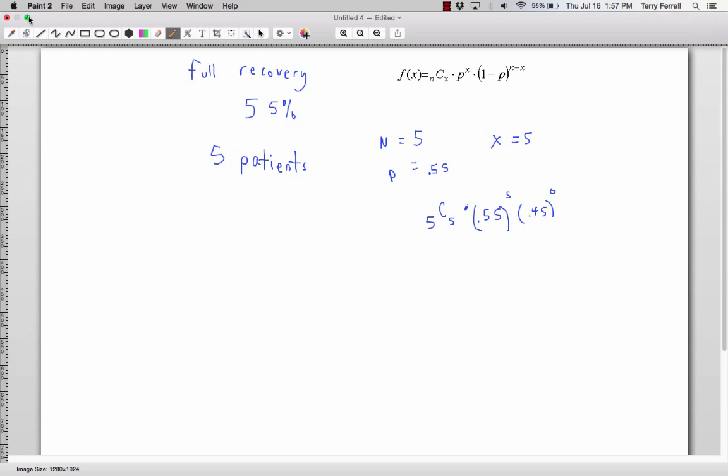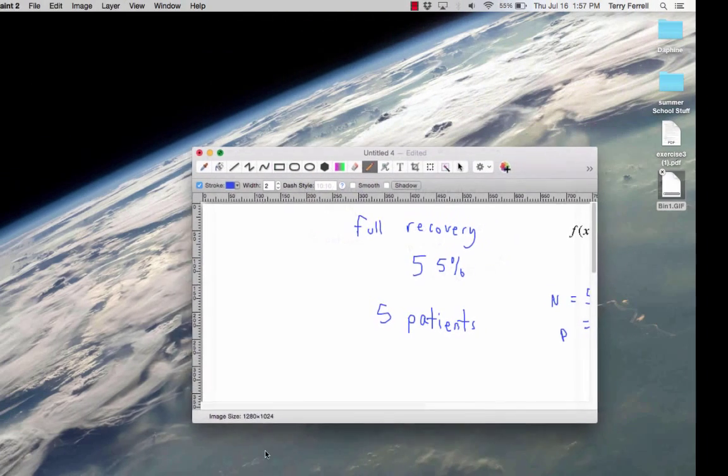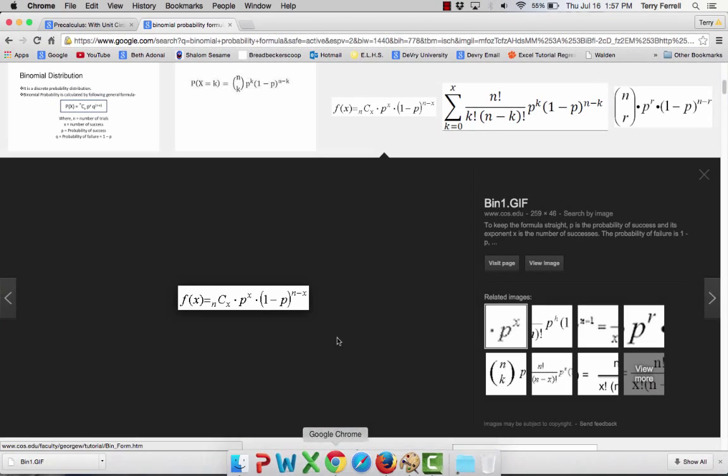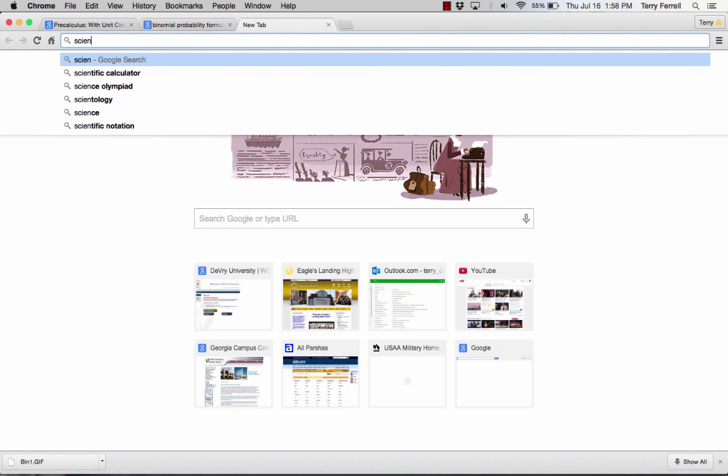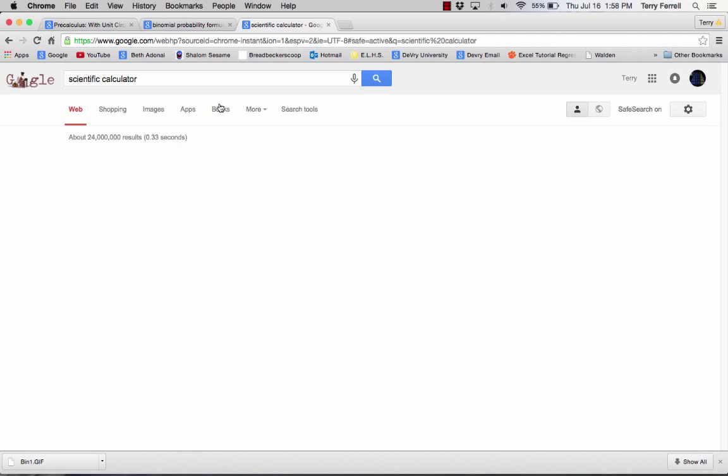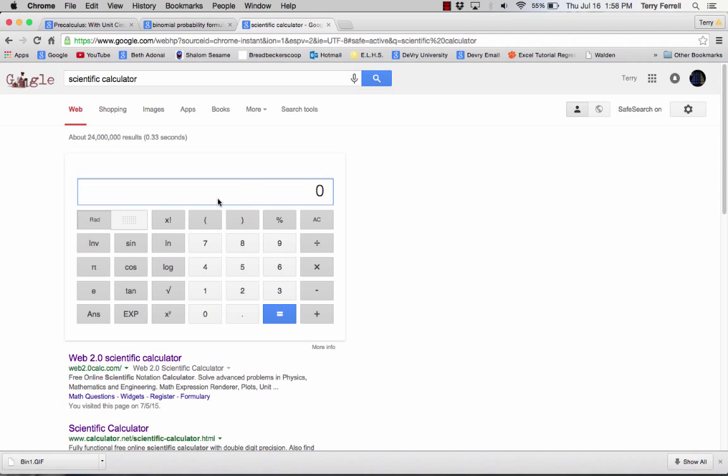Let's plug that in a calculator. Let's find a nice scientific calculator somewhere. I don't think any of these calculators are going to have that function.